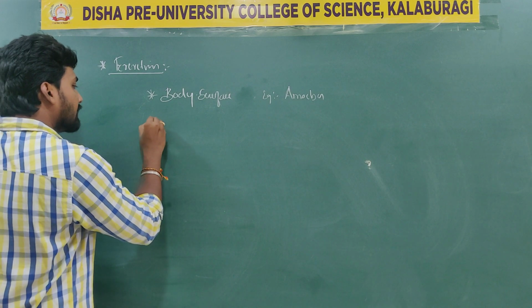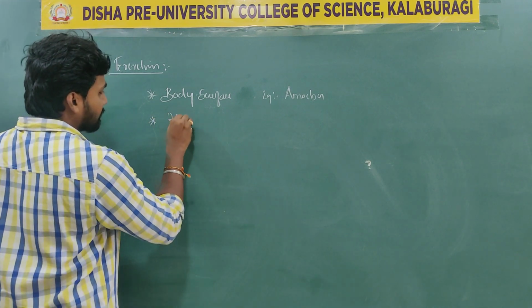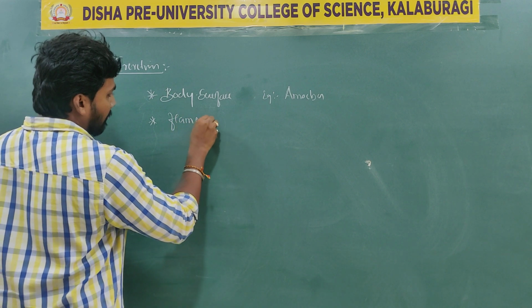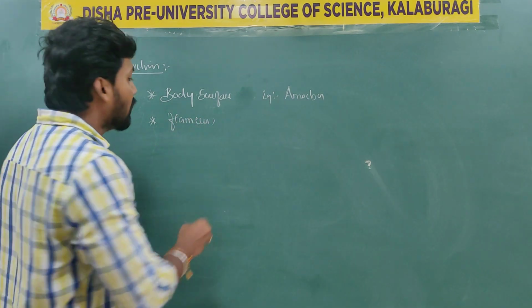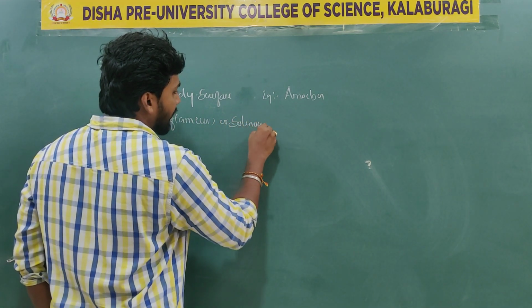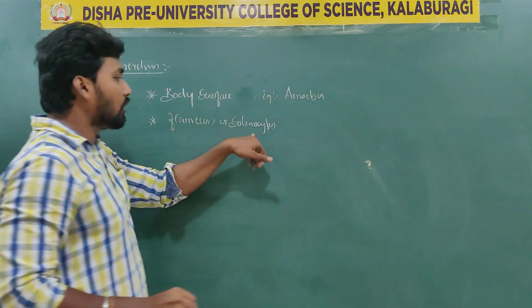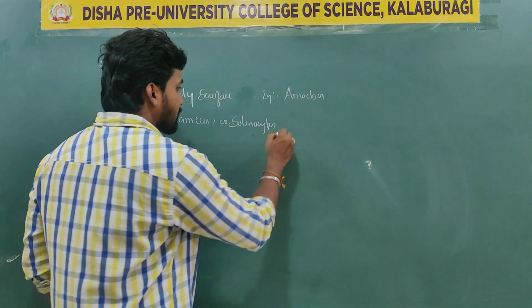Some species have flame cells, or solenocytes, for the release of nitrogenous waste materials.